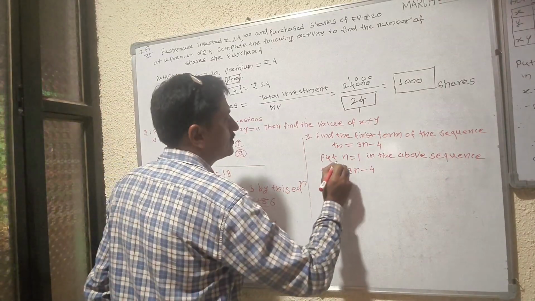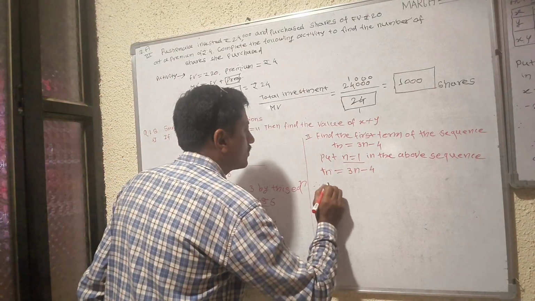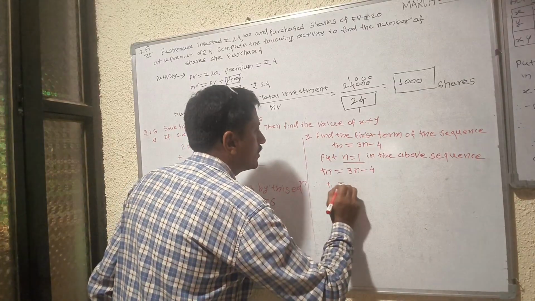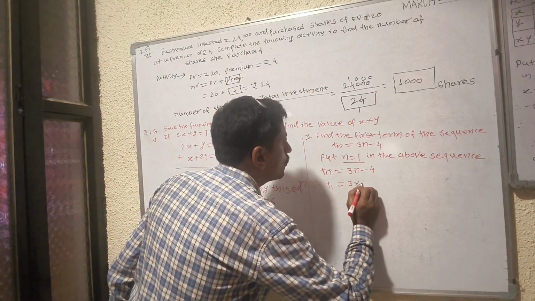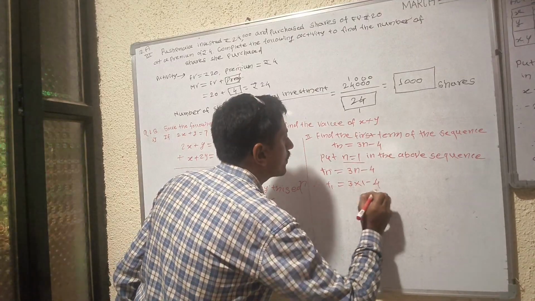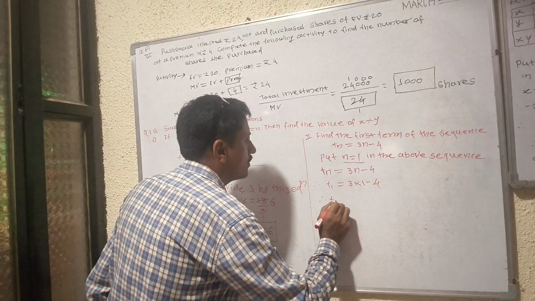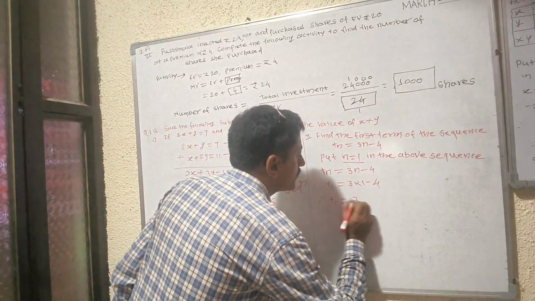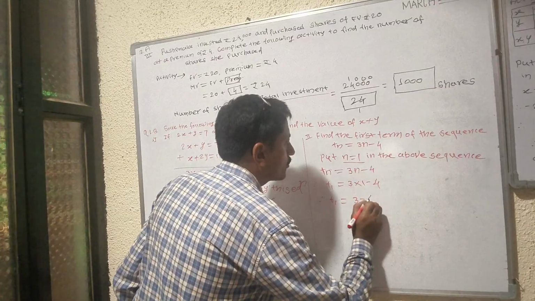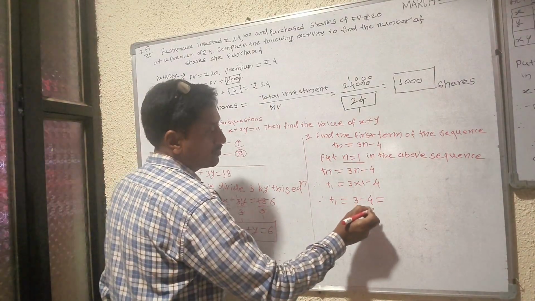Where is n? We take n is equal to 1. Since T1 is equal to 3 into 1 minus 4, 3 ones are 3, minus 4 is equal to, here what is the larger number? 4.